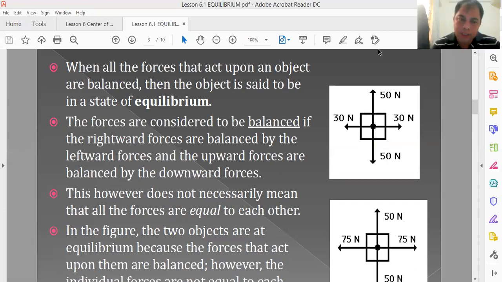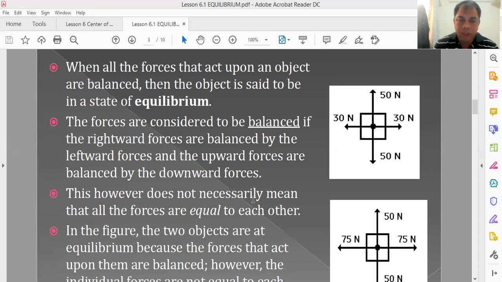So are the forces still balanced? This time, no. We call them unbalanced forces when one of the forces is greater than the other force in the same axis. So it has a tendency to move to the right or left when one of the horizontal forces is greater than the other.